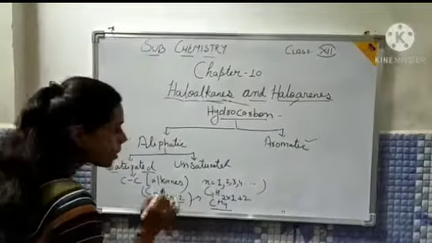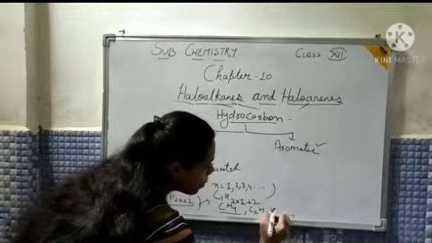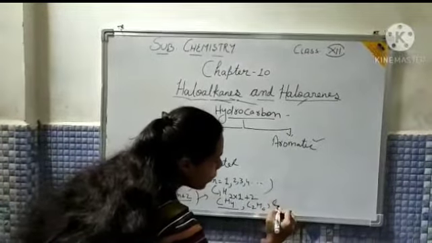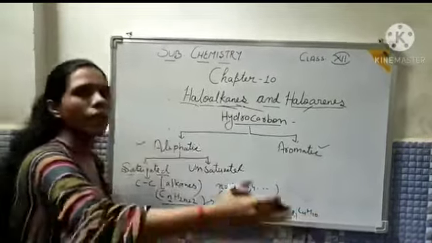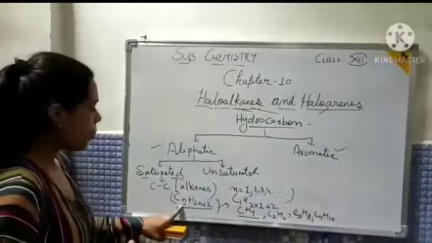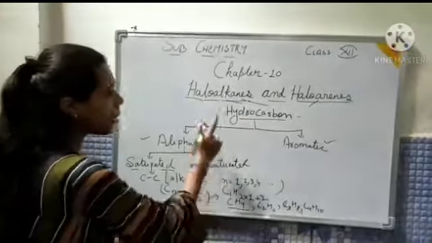So the general formula is similar like this. Like this you can make C2H6, C3H8, C4H10. So like this you can increase the member chain by putting the value of n. Now I have taken the example of methane, CH4.